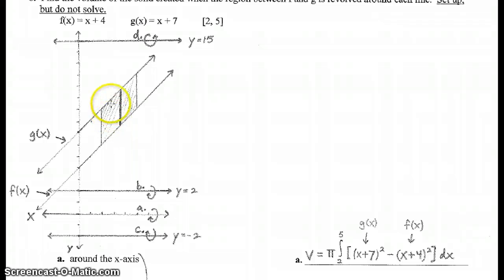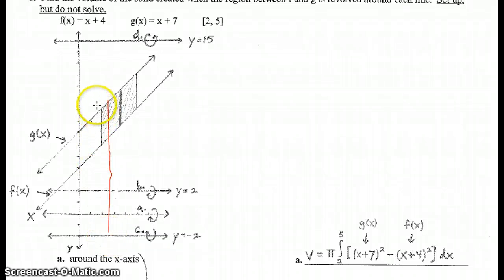So if I'm going to revolve this region around y equals negative 2, then my outer radius is still my g function, but I'm going all the way past the x-axis. So from g to the x-axis is g of x plus an additional 2.